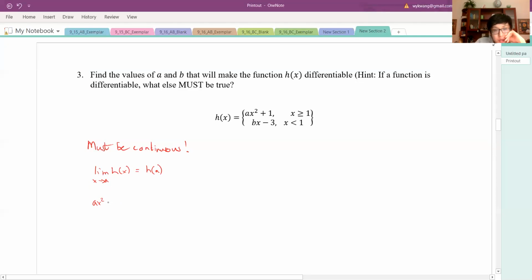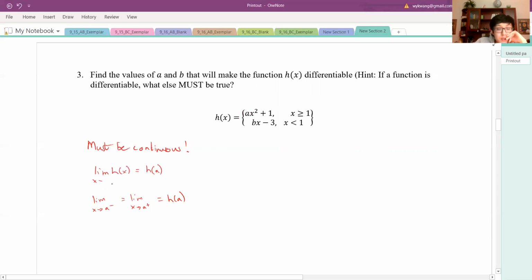But so ax squared plus 1, right? Okay, actually, I'll just write it out. So the limit as x approaches a from the left is equal to the limit as x approaches a from the right is equal to h of a. In this case, our a is 1, right? This is kind of confusing because there's also an a in this equation, but they're different a's.